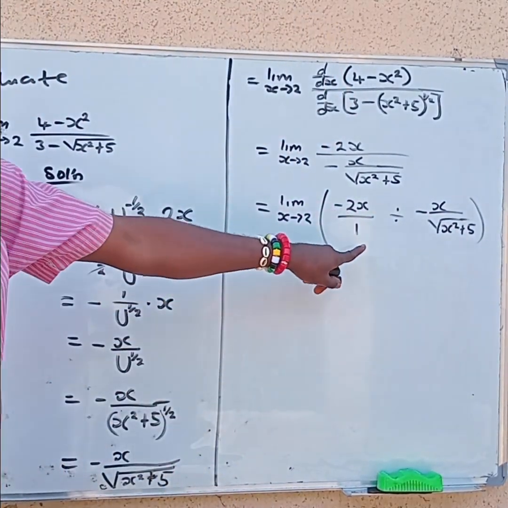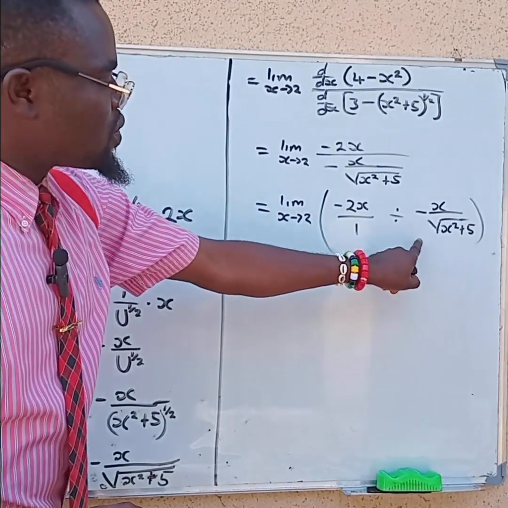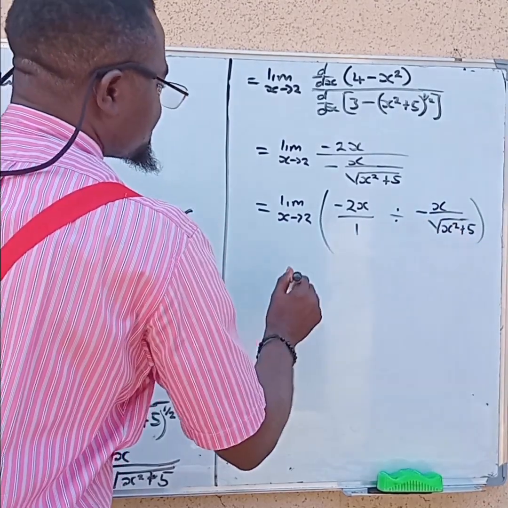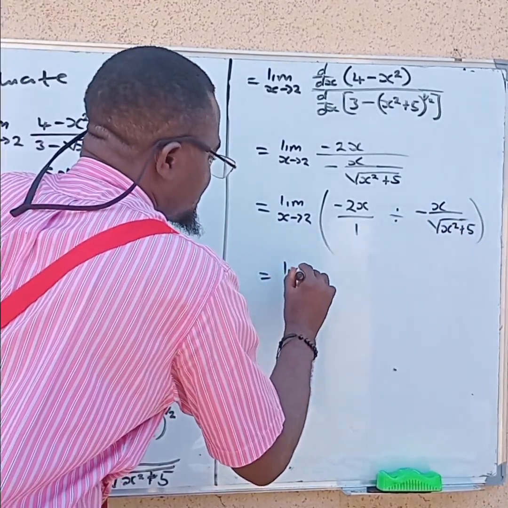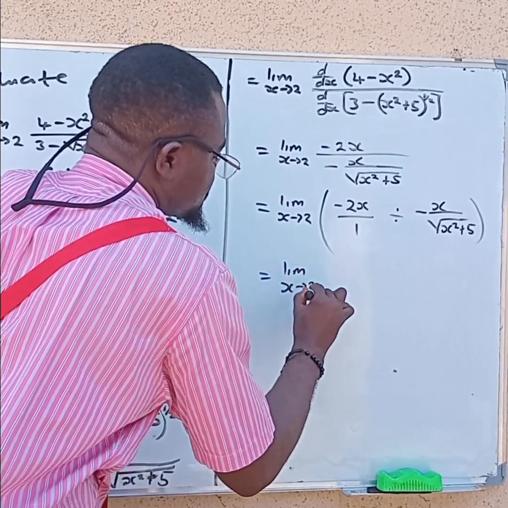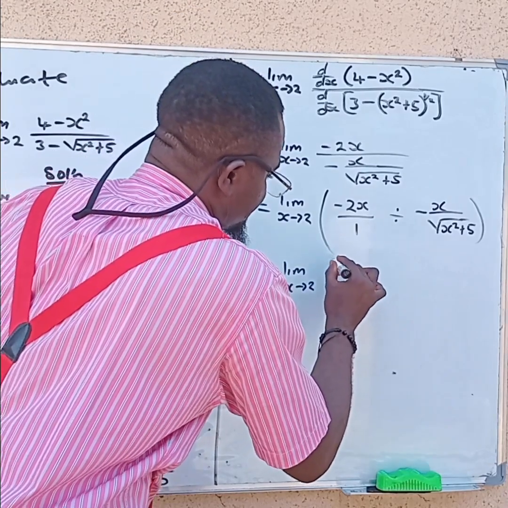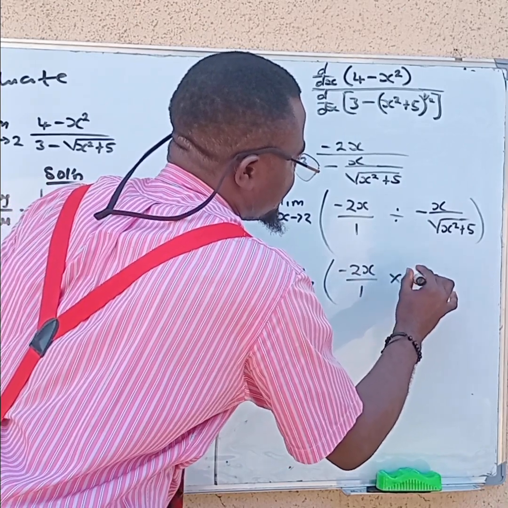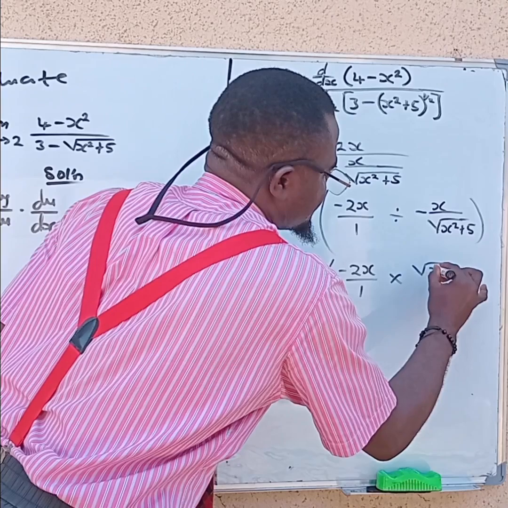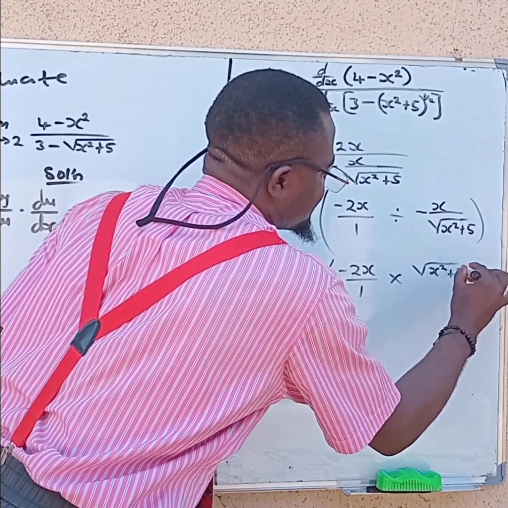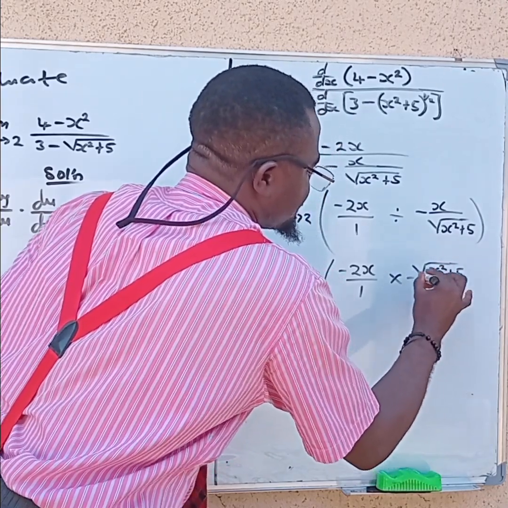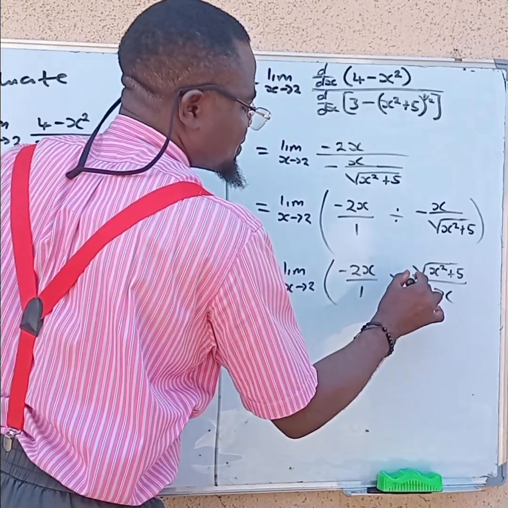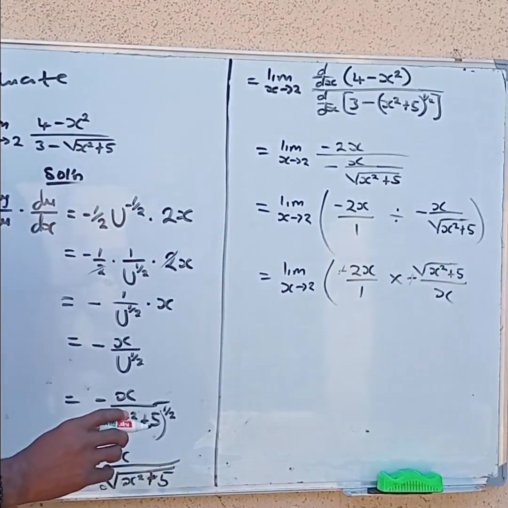Now, if you have this form, we know that we have to take the reciprocal of this. So it will now be the limit as x tends to 2 of minus 2x over 1 multiplied by the square root of x squared plus 5 over x. The minus is there. I know when you are doing minus times minus it will take care of itself. So this will go with this, the 2 minuses.